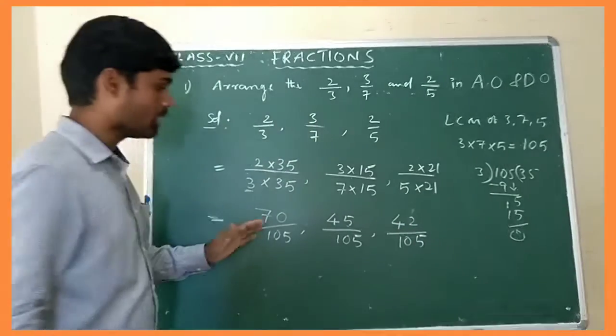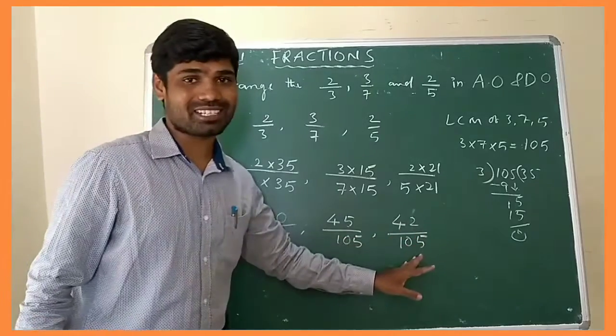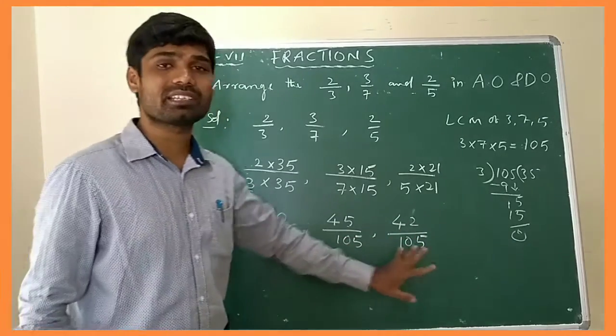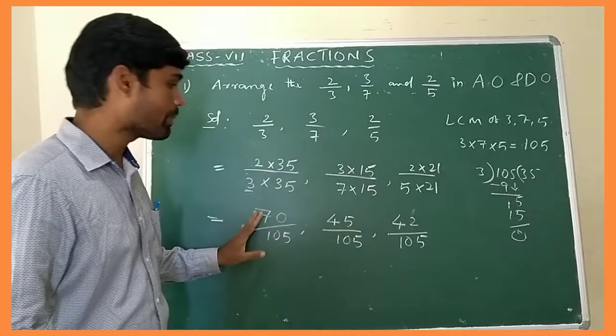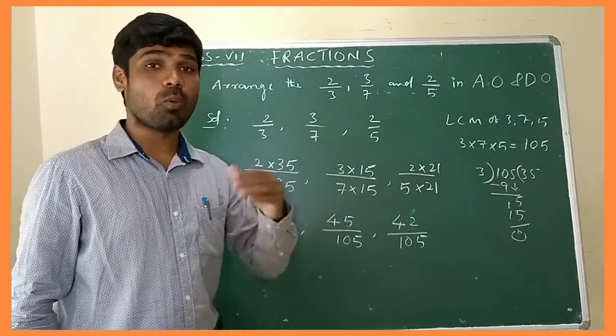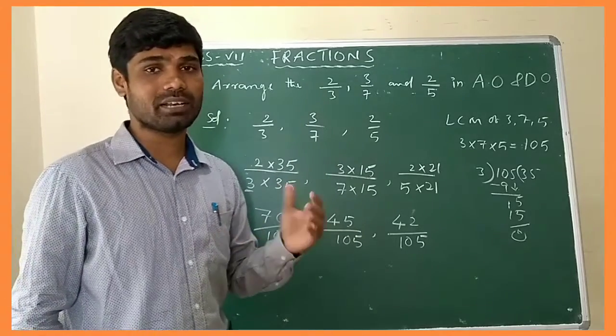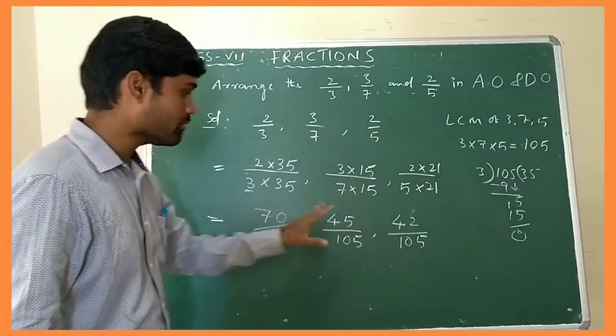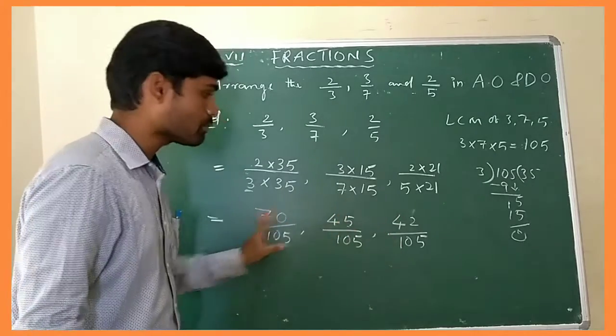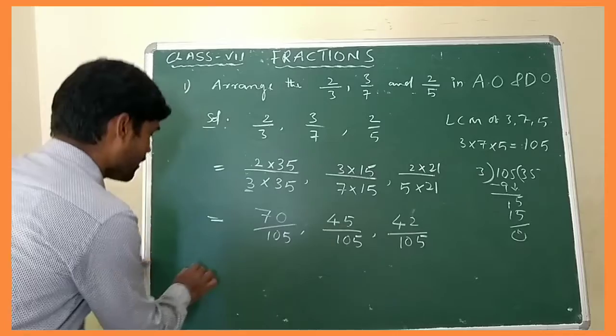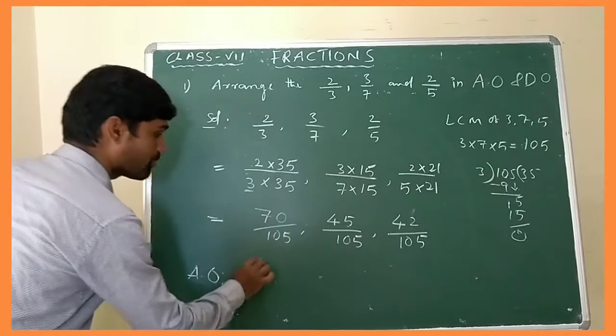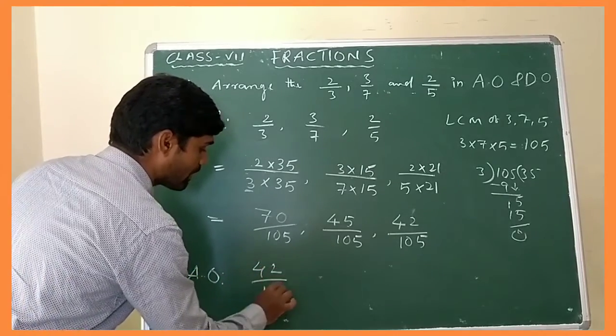Now observe that all these are like fractions, meaning all the denominators are equal. Now let us compare the numerators to understand what is smaller and what is bigger. 70, 45, 42. What is the smallest here? 42. If you want to write in ascending order, first write 42 by 105.